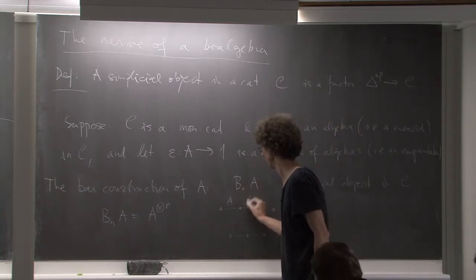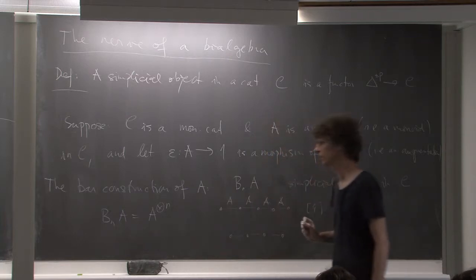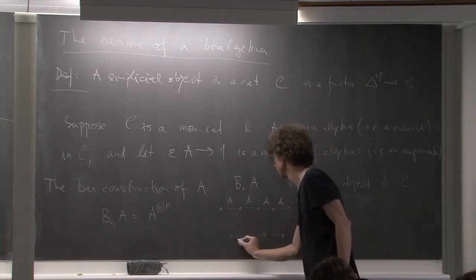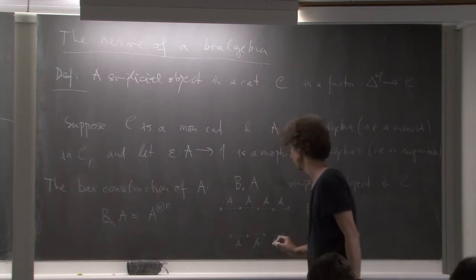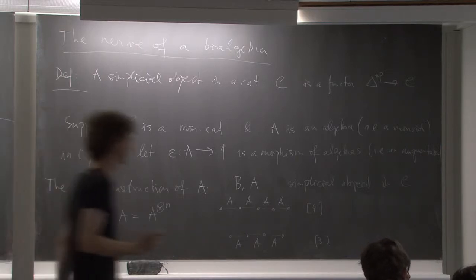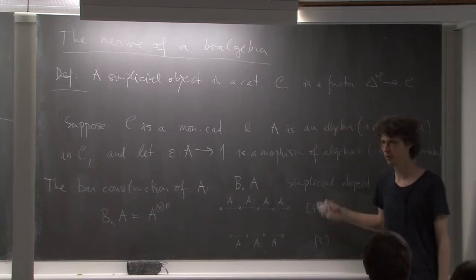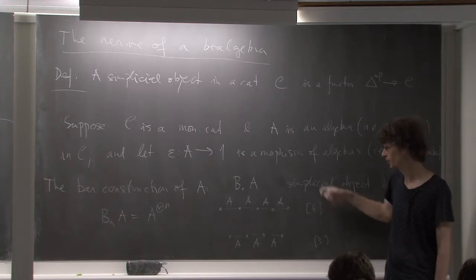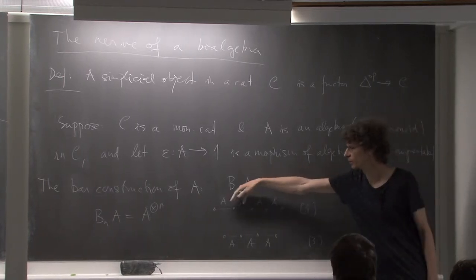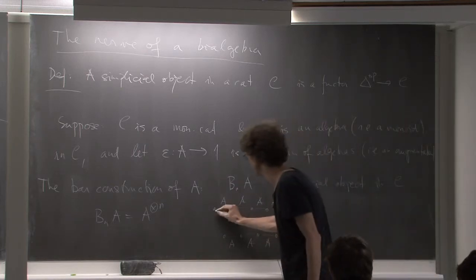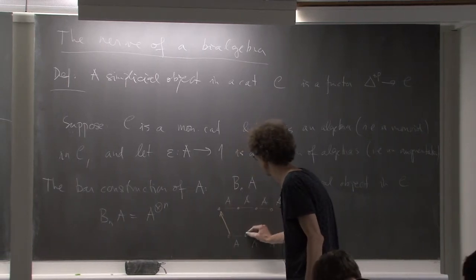I'll draw 4 A's, for each edge there is one A. Now this is 3. Let's now take a morphism going from 3 to 4, any morphism, say one that I'm going to draw. Then I should give you a map going from this A power 4 to A power 3. And I hope it's the same morphism as I had before.